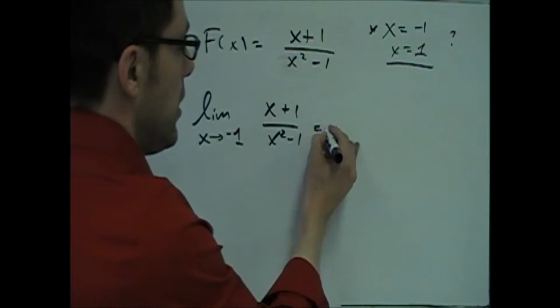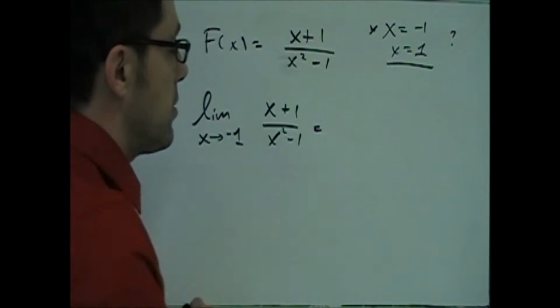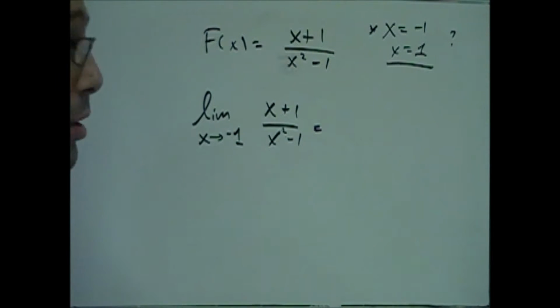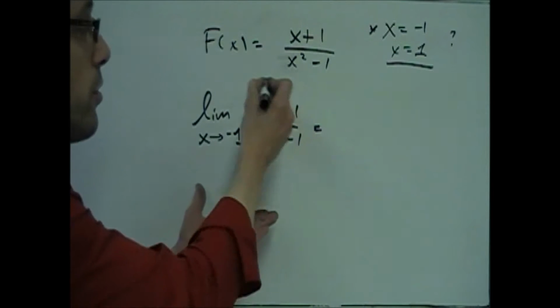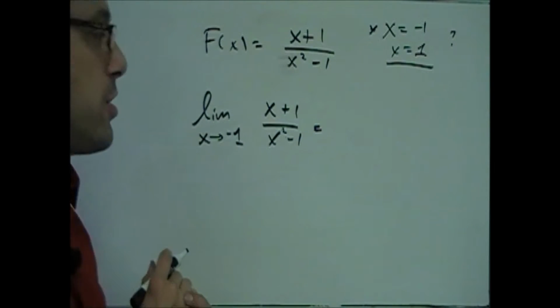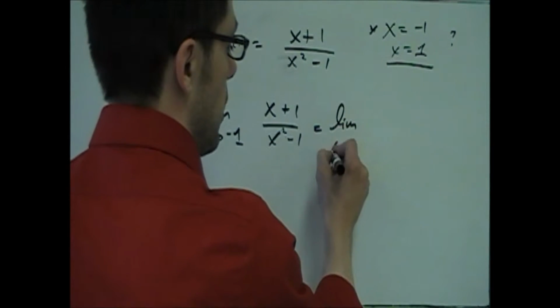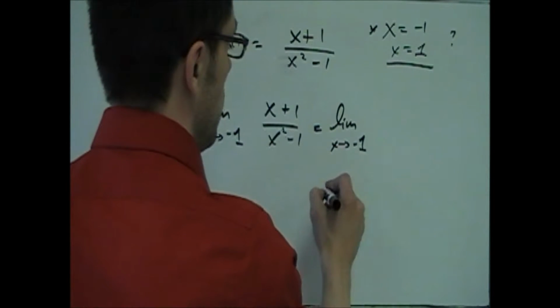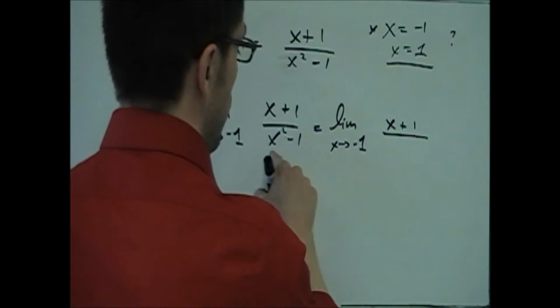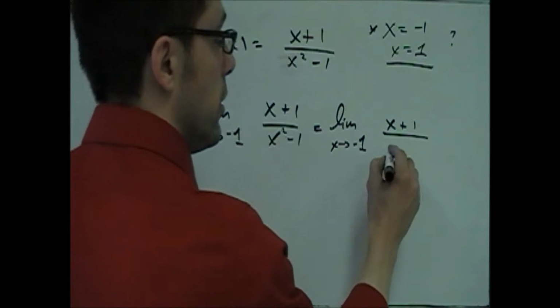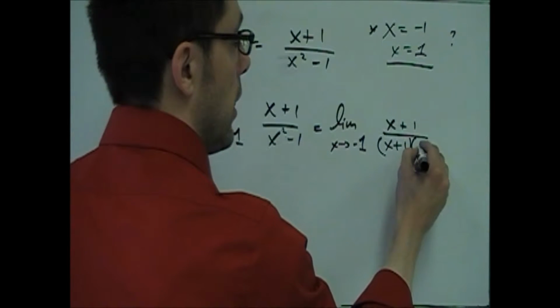And as usual, we work with limits, so we algebraically work with this ratio. So this becomes the limit as x approaches -1 of x plus 1 over, this actually can factor into x plus 1, x minus 1.